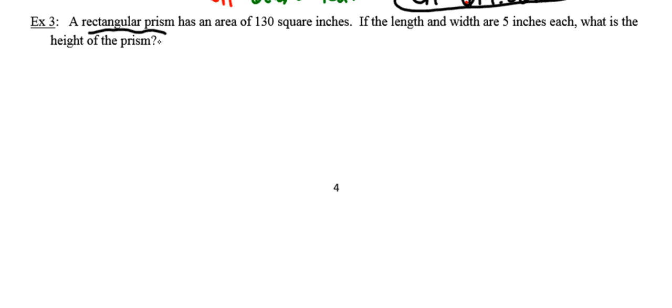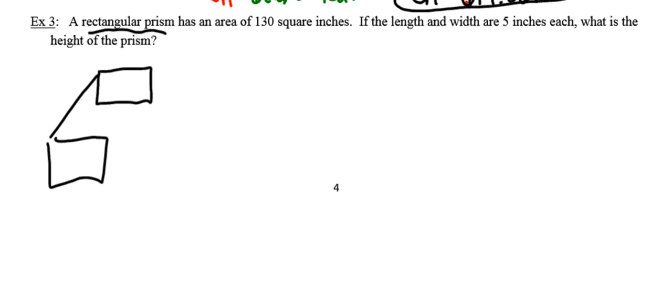It's a rectangular prism, meaning that its bases are in the shape of rectangles. Usually to draw a prism, I'll start with the base, and then I'll connect corresponding points on each of the bases. And it has the effect of drawing a three-dimensional shape. Now I need to label the length and width as 5 inches each.